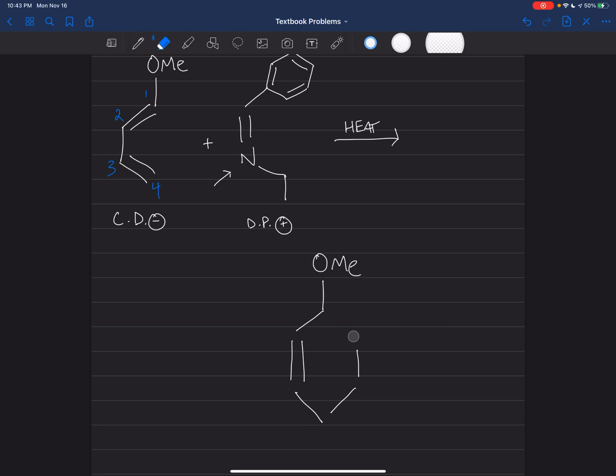Let's go back, because we're going to do our 3 brothers switcheroo. Here comes our double bond. It just so happens to be attached to a nitrogen, and there's a phenyl ring here, and there's an ethyl down here.